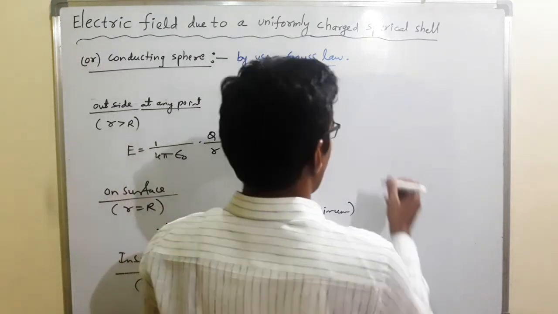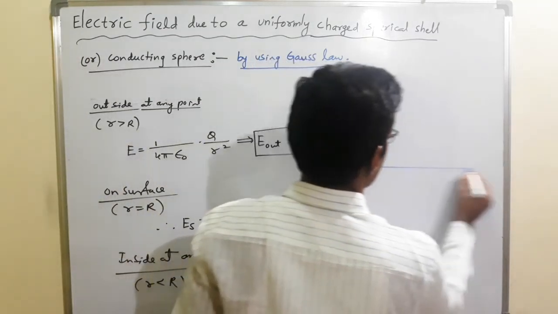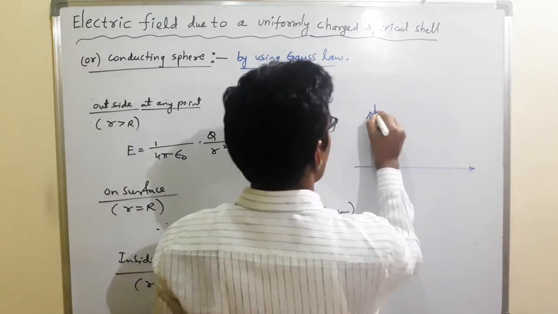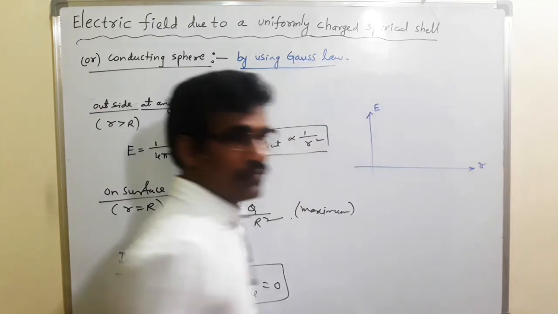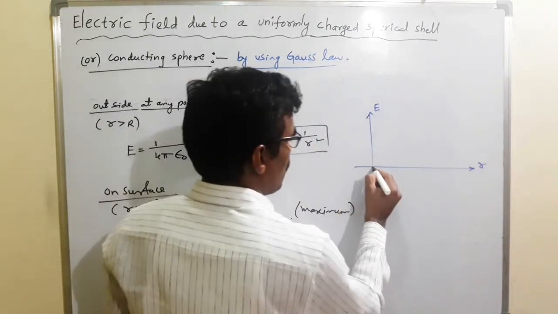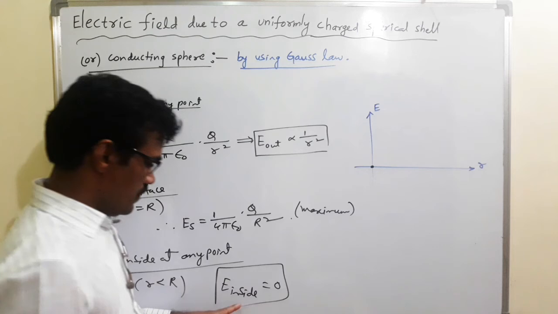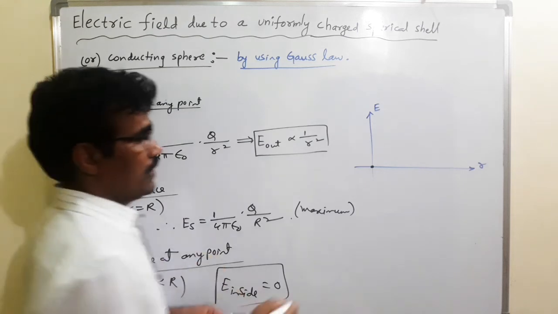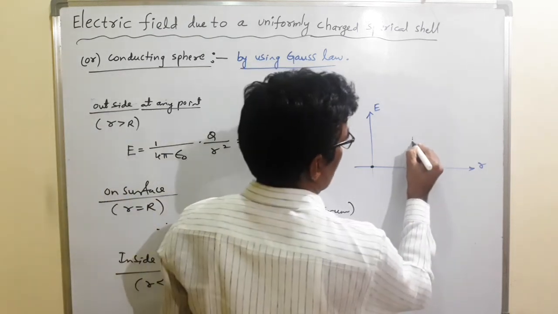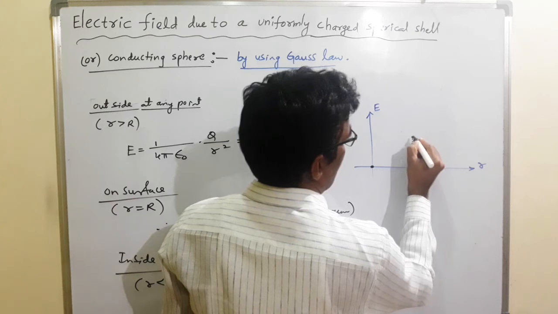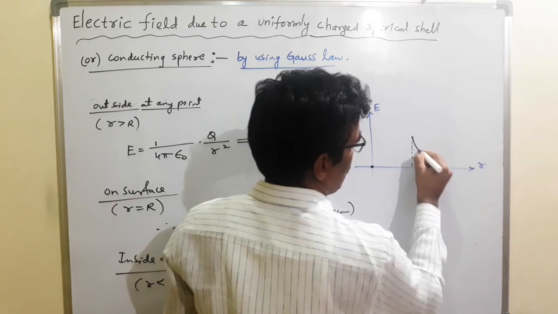I want the graph drawn between field and distance, E and R. So here field at center is 0 up to the surface. At the surface it is maximum and then gradually decreases.